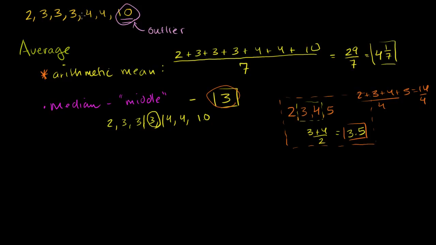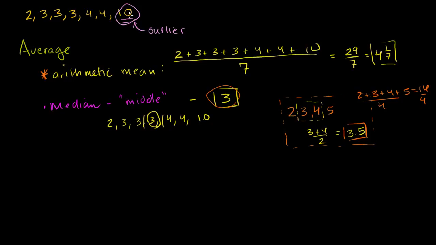And that's something important to think about. When you're finding the average for something, most people will immediately go to the arithmetic mean. But in a lot of cases, median will make a lot more sense if you have these really large or really small numbers that could skew the data set.